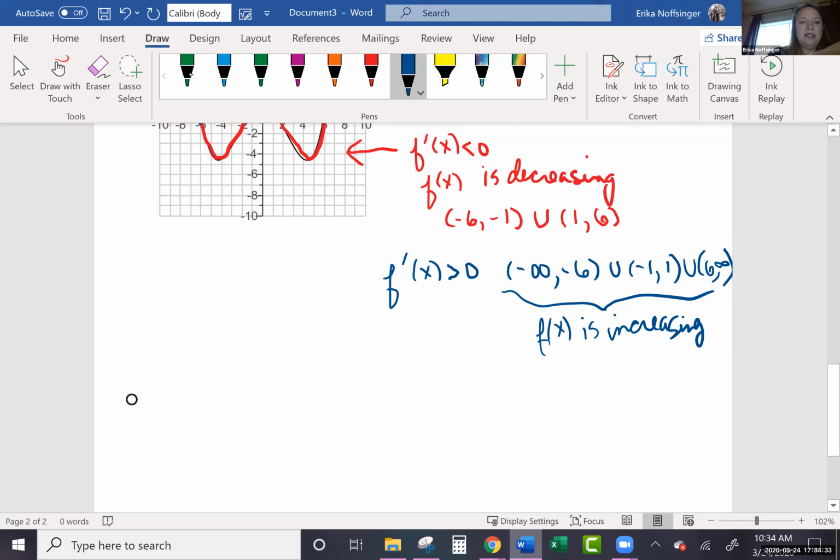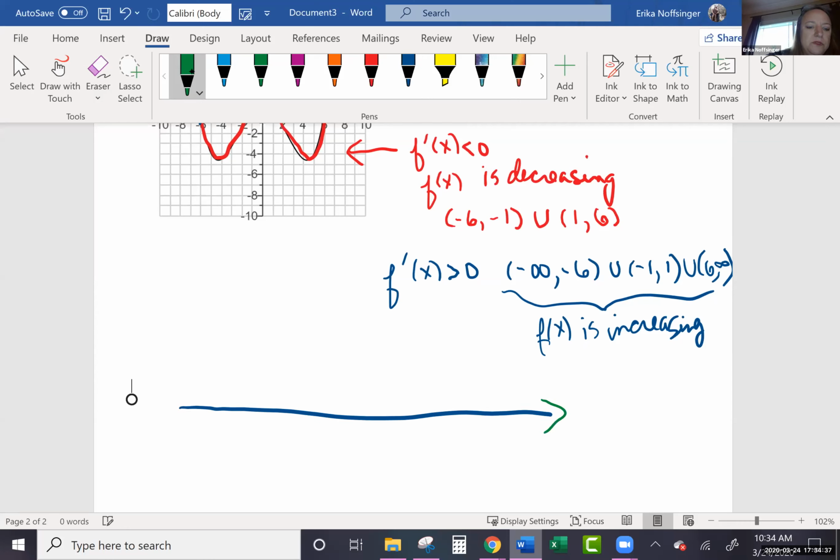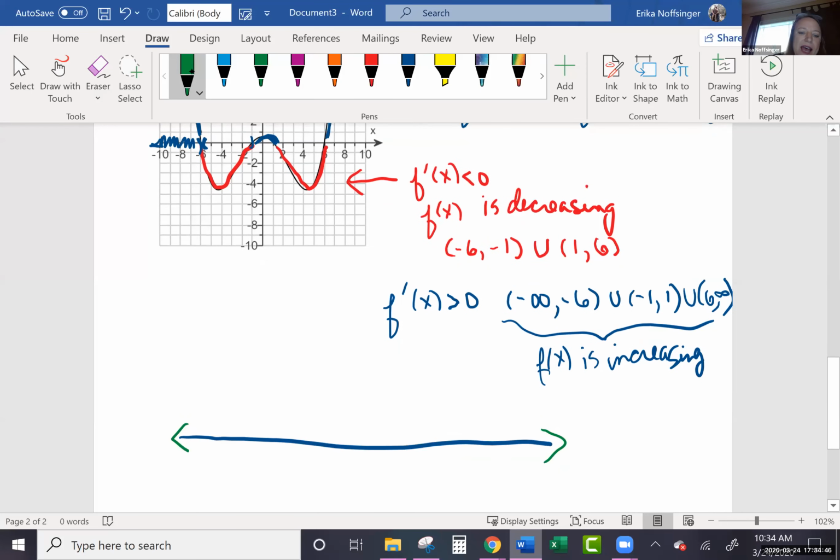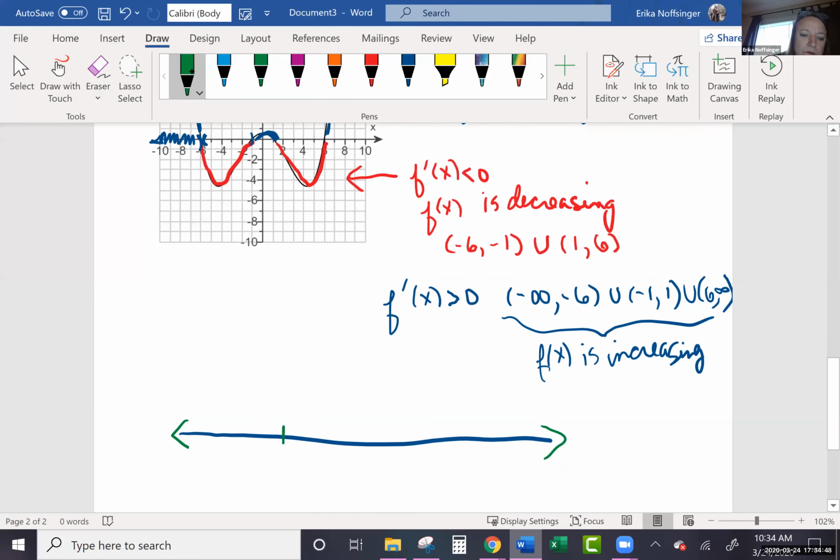If I look at the places where it's crossing the x-axis, we saw that that happened at -6, at -1, at +1, and at +6.